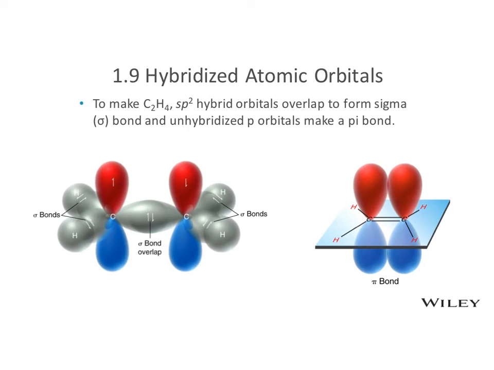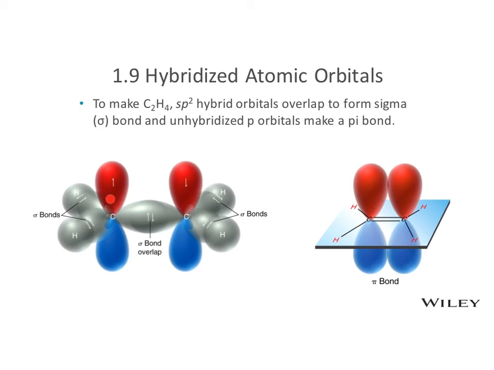Well, you've seen this before. What we do is we take one s and 2 p's to get, as shown here in gray, 3 different sp2 orbitals, which means we didn't use the third p orbital on each carbon, as shown here in the red and the blue.